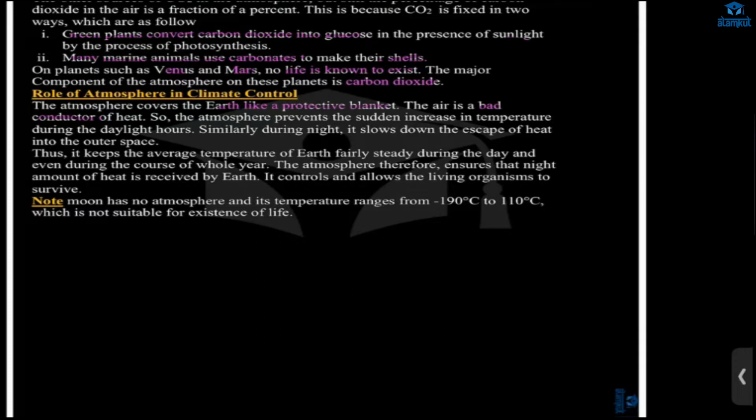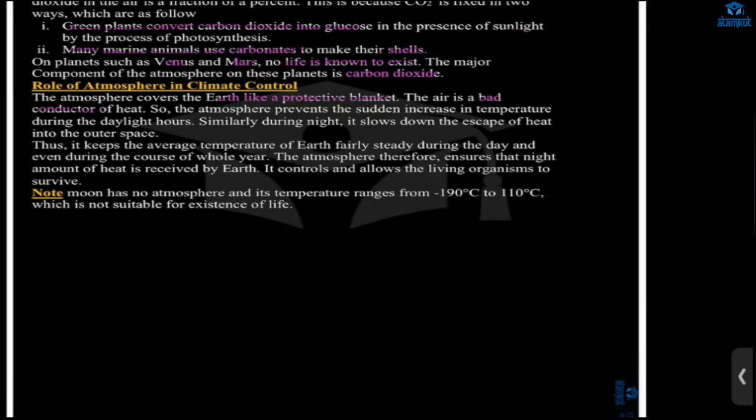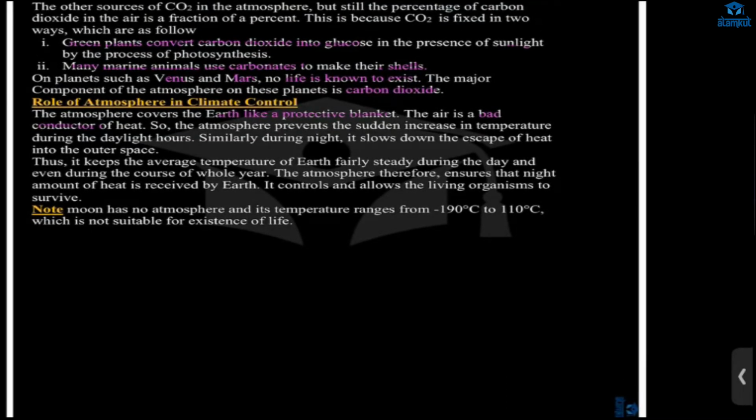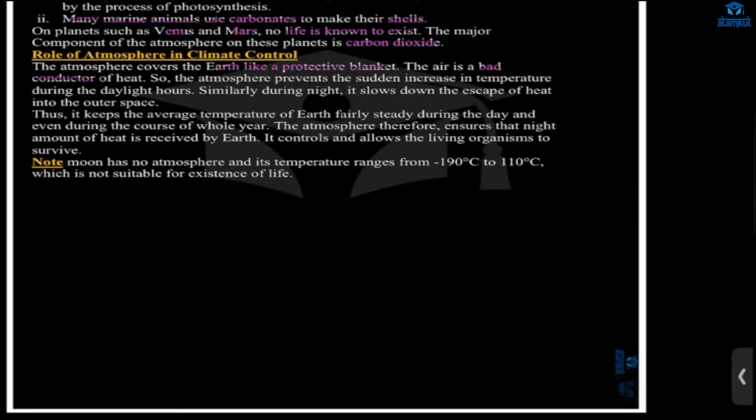And during night, it will not allow the heat to escape to outer space. So this will maintain the temperature during day and night, and ensure the heat received by Earth is the right amount.